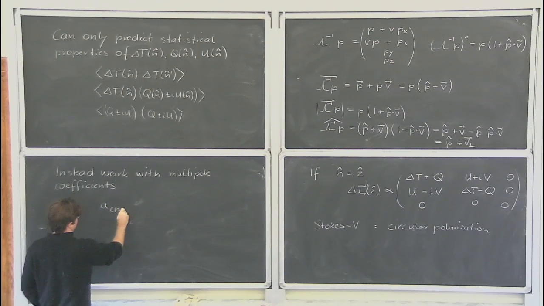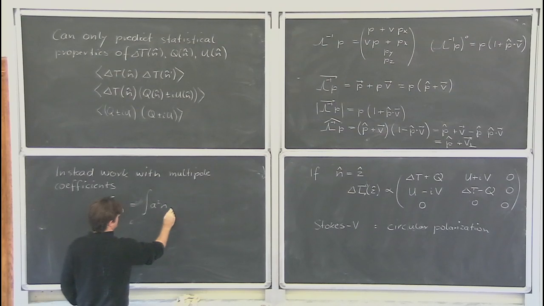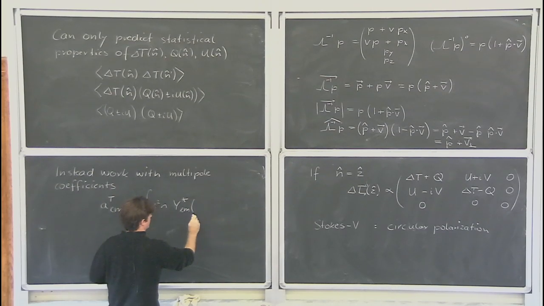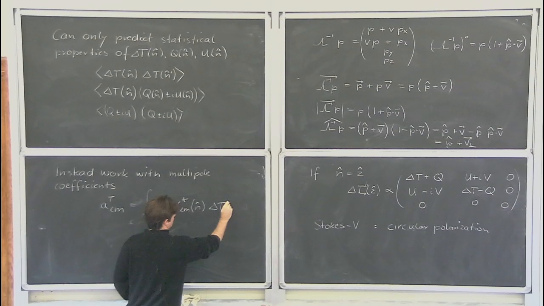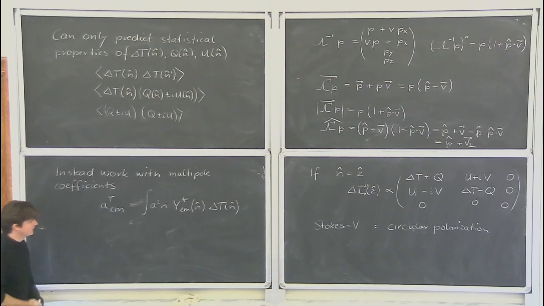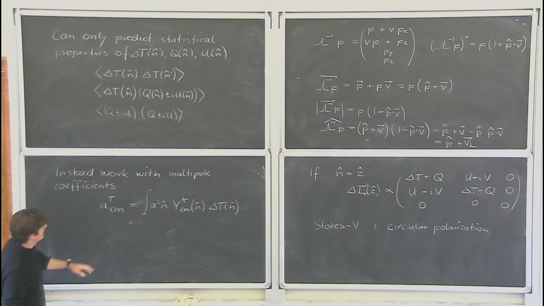So you have a_lm of T. You can define it as the integral over the sphere of delta T against a spherical harmonic, or in other words, you can expand the temperature fluctuations, which are a function on the two-sphere, in terms of spherical harmonics. So this is the integral over the sphere.